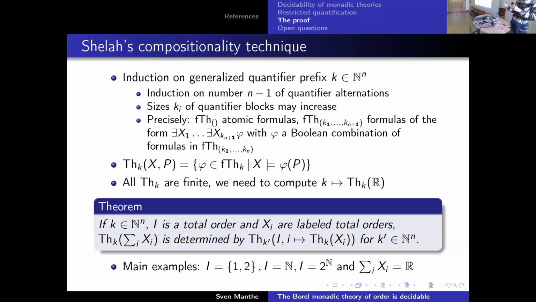And so, since every formula can be coded by some such formula, our task of computing whether a formula is true really becomes the task of computing, given a tuple of natural numbers K, which formulas with quantifier prefix K are true.